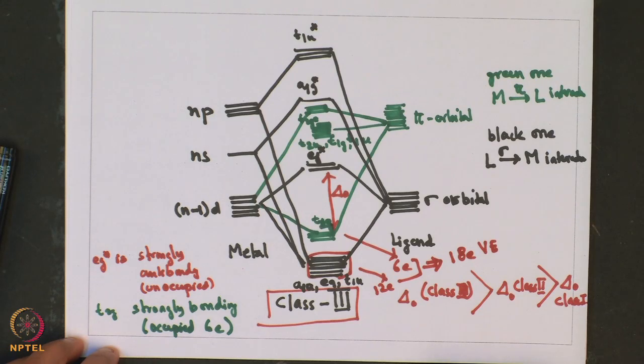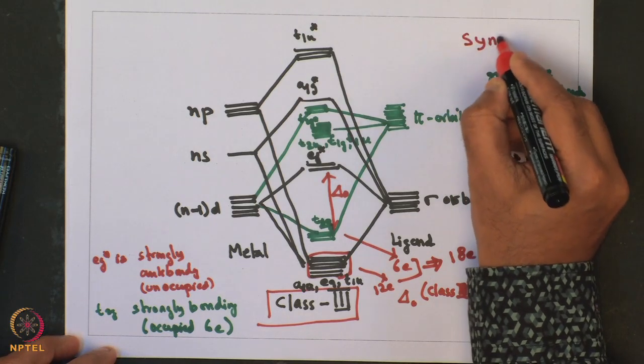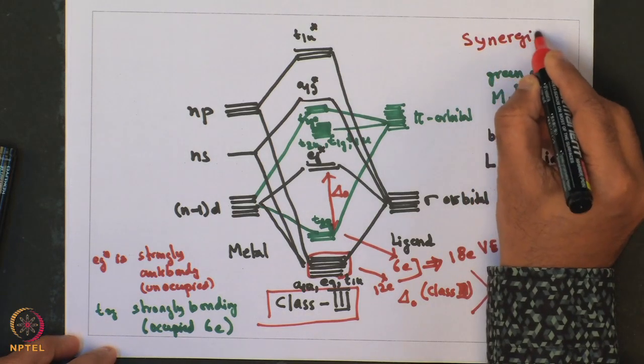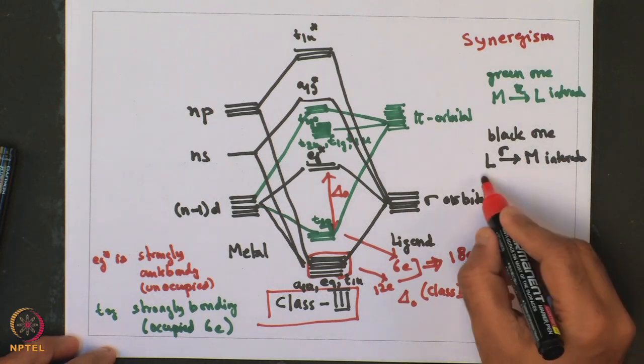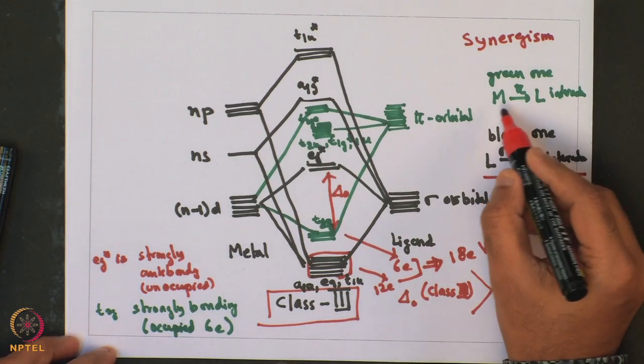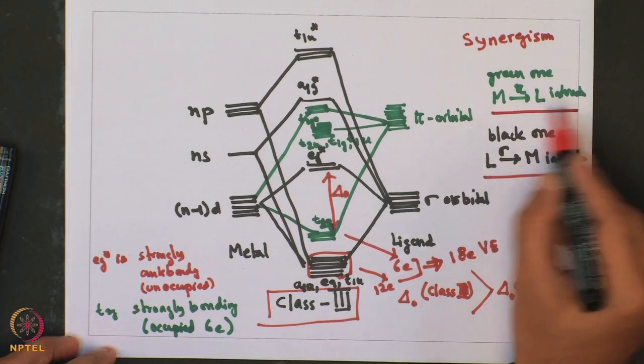Now, an important attribute of class 3 is the presence of synergism between ligand to metal sigma interaction and the metal to ligand pi interaction.